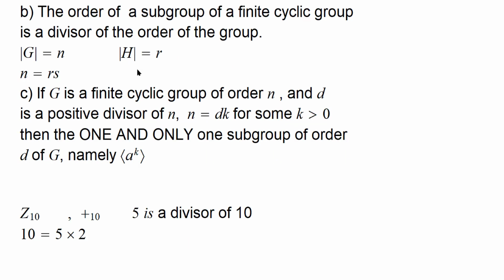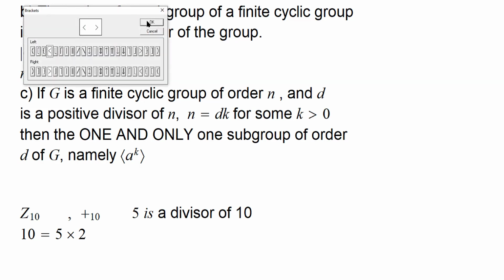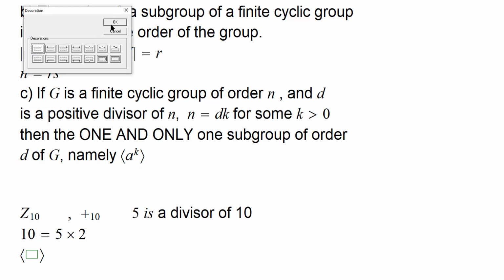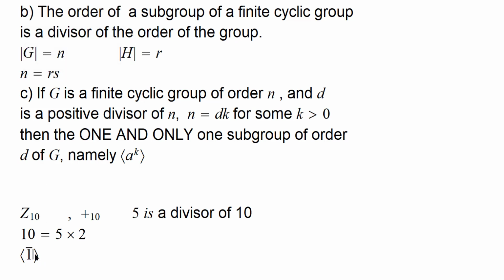So according to this criterion, look at the subgroup generated by the powers of 2. With respect to addition, 2 squared will simply be 4 modulo 10. I hope this copying and pasting doesn't confuse you.